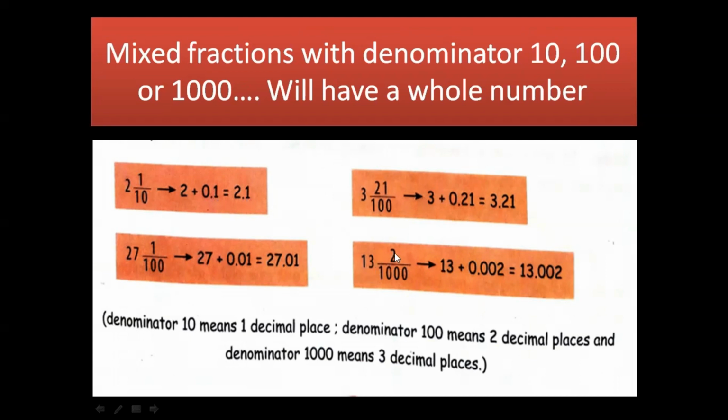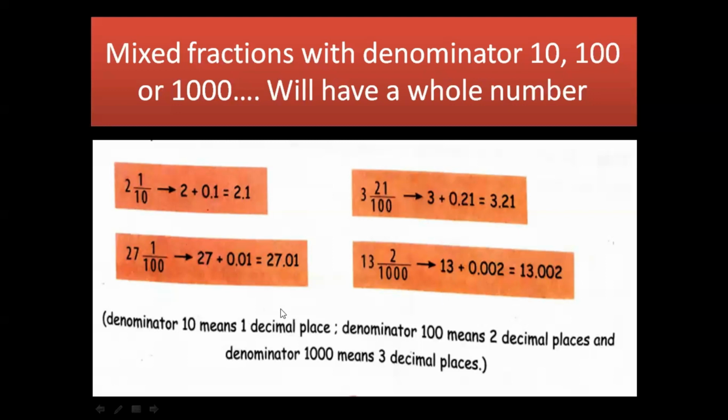13 2 by 1000 is a mixed fraction. In this, 13 is the whole number plus 0.002. Changing the fraction into decimals, 13 plus 0.002 equals 13.002.